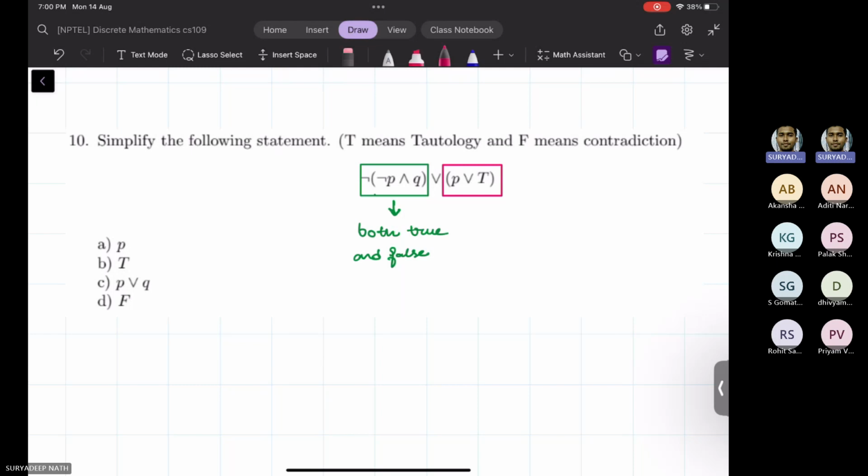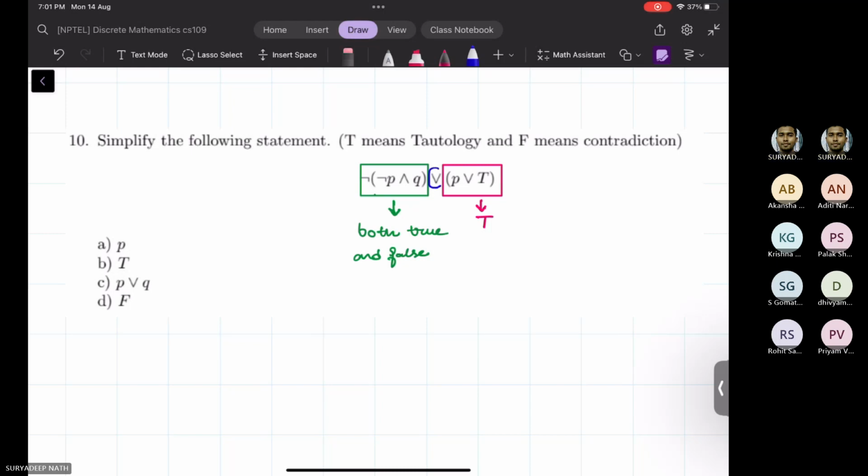Now come to the second one. You have a P and you are taking an OR with a tautology. What do you think that will be? Tautology. Right, so you are taking an OR with a tautology, so it will definitely be a tautology. And then you have this OR operator in between.